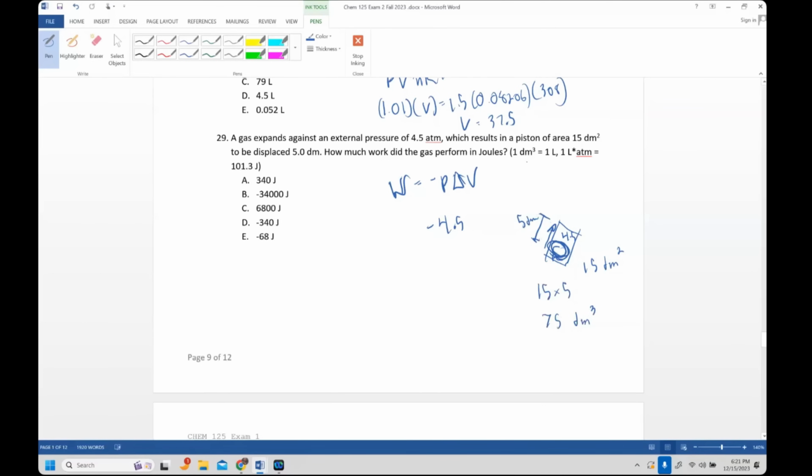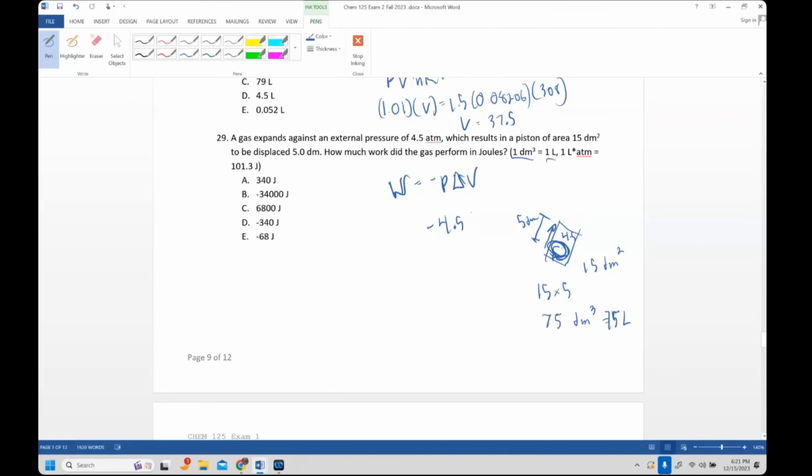And what we know is that 1 decimeter cubed is equal to 1 liter. So 75 decimeters cubed is equal to 75 liters. So we can say that the volume is just 75 liters.